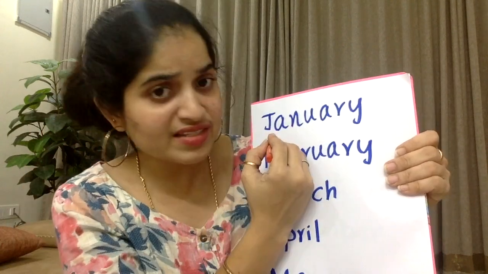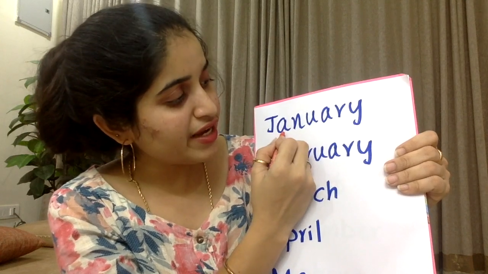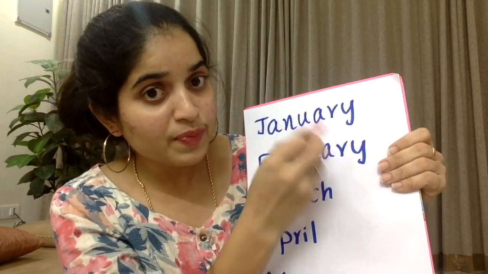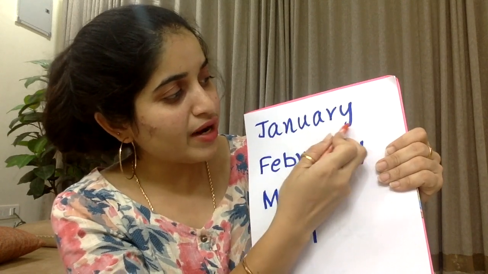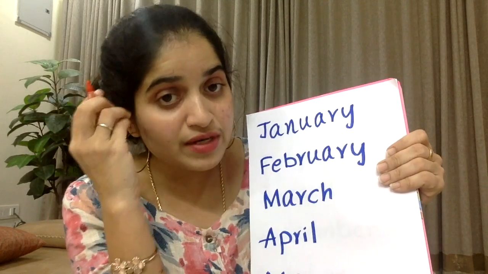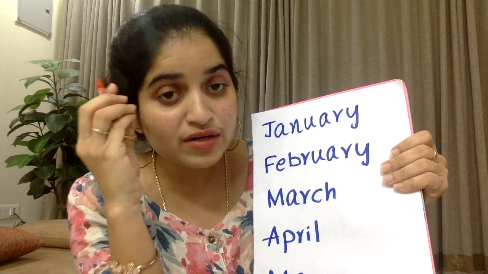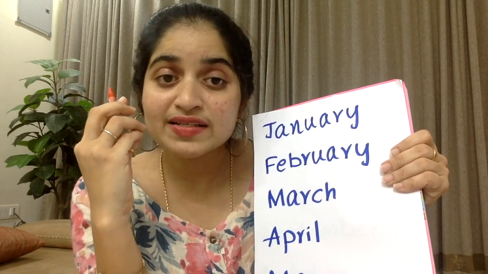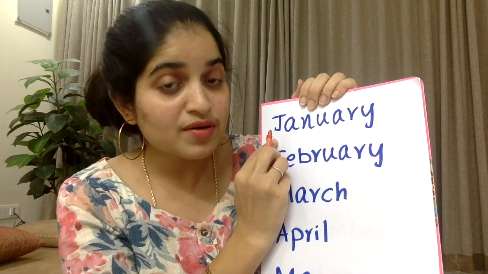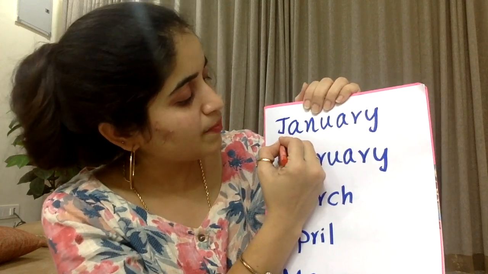For example, sometimes they will read January one way, and the next time they may read it another way. So they will not remember the words because they are not segmenting it the right way. It is very important for any child to understand how to segment, because segmenting is the key to learn spellings. So now let's see how you have to segment the months of the year spellings.